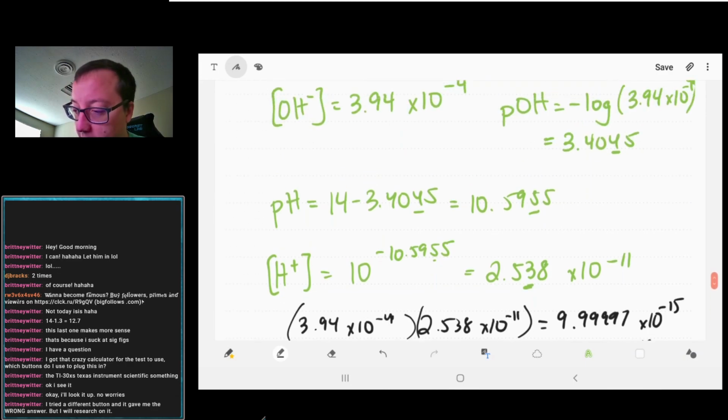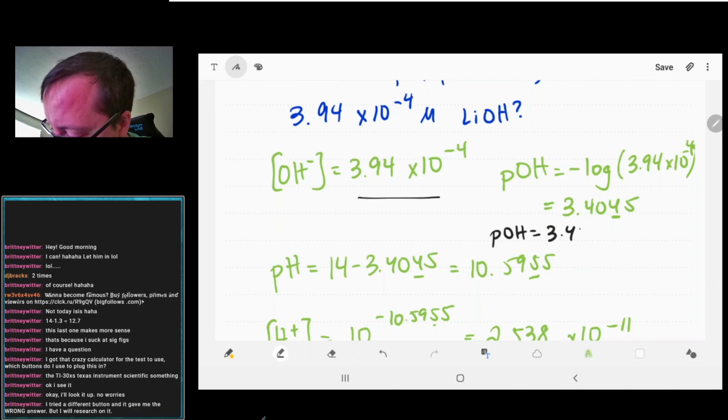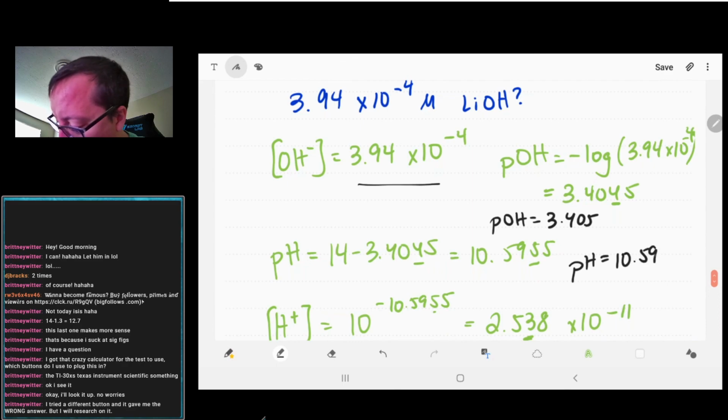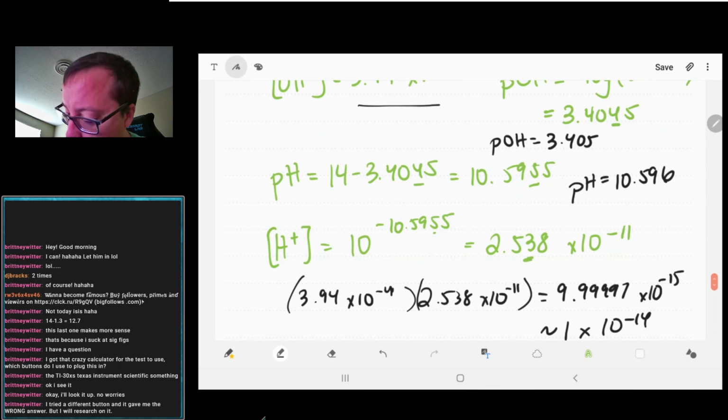So if we were to answer all of this, we have our OH. The pOH we're going to go ahead and round now. The pH we're going to round as well. And the H plus, I'm just going to put it as a 4. So yeah, these just take practice.